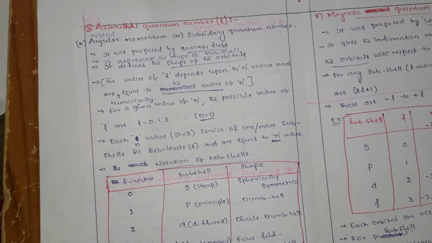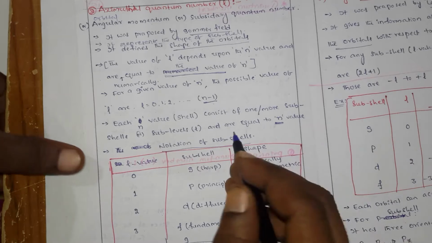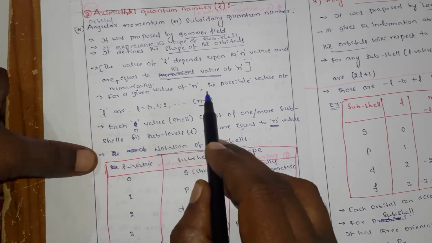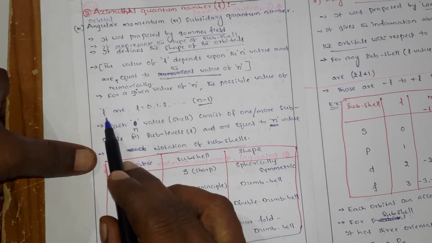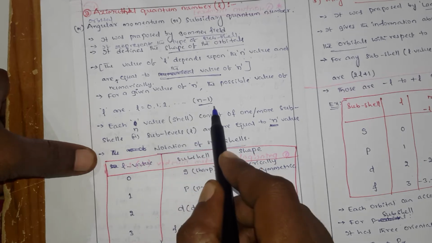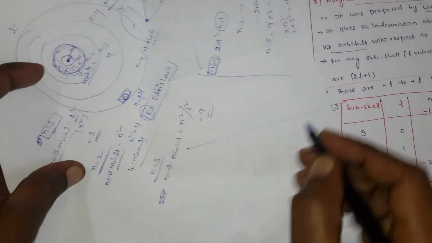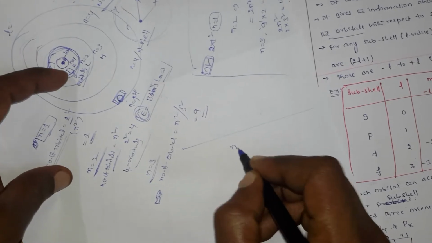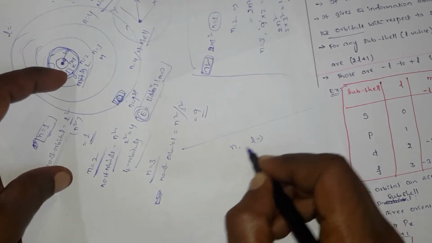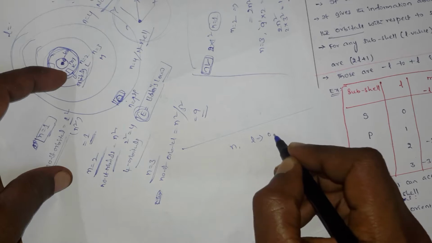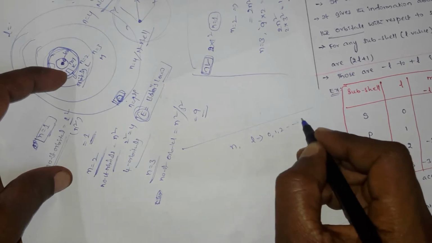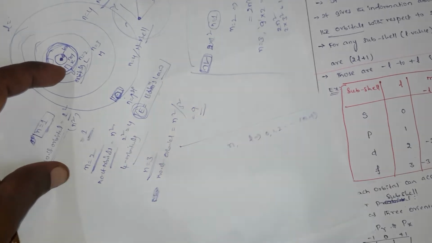So the L values are numerically equal to the n value but not exactly equal. For a given value of n, the possible values of L are 0 to n minus 1.